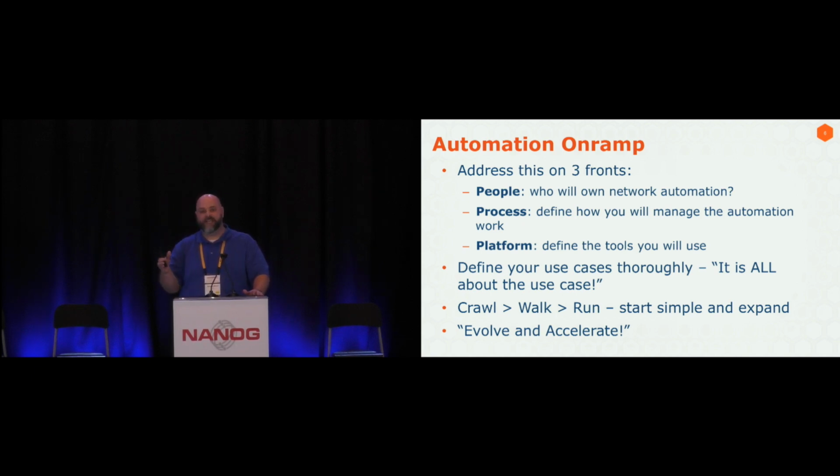Once you do that evolution into a more advanced set of tools, that may be Ansible, it may be Tower or AWX on top of Ansible, it may be a system like Cisco's Network Services Orchestrator, various tools that are out there. You have to evolve into those tools first, and then you can accelerate the automation.